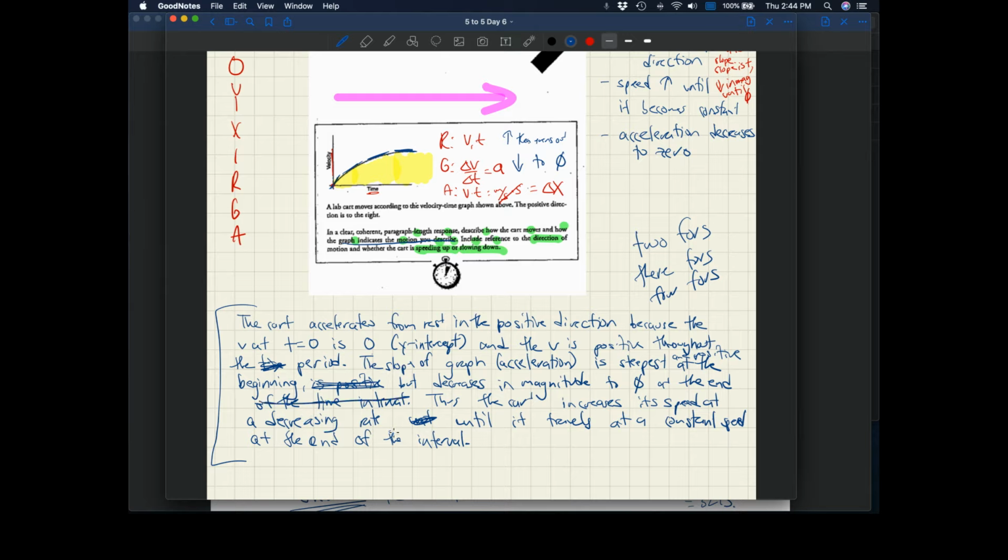Maybe we don't need to say the time interval. Thus, the cart increases its speed at a decreasing rate until it travels at constant speed. And of course, we could work to polish that.